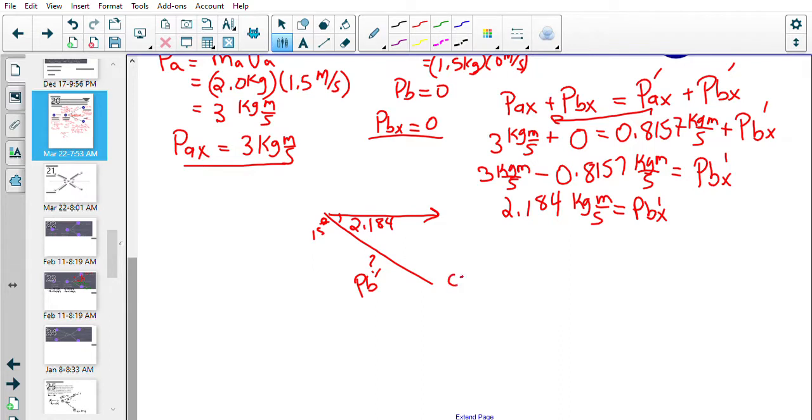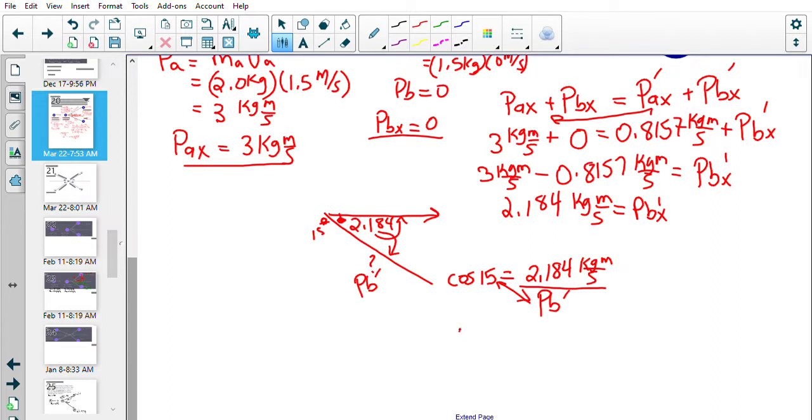So the cosine of 15 degrees is going to be equal to the adjacent side, 2.184 kilogram meters per second, divided by the hypotenuse, PB prime. Basically, the cos of this angle is equal to the adjacent over hypotenuse. So now, if I want to solve for PB prime, it goes up and the cos 15 goes down.